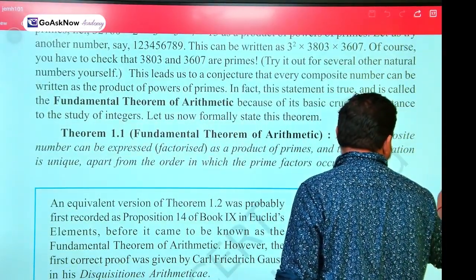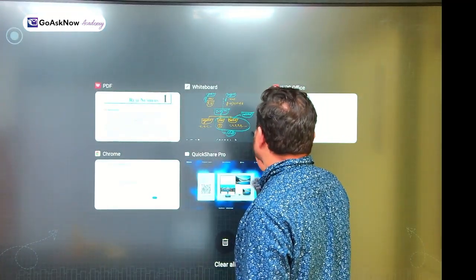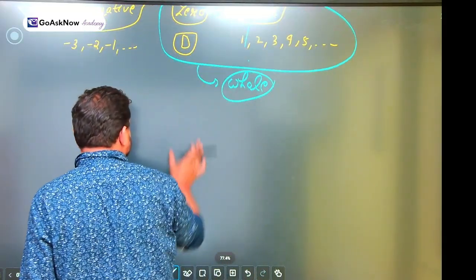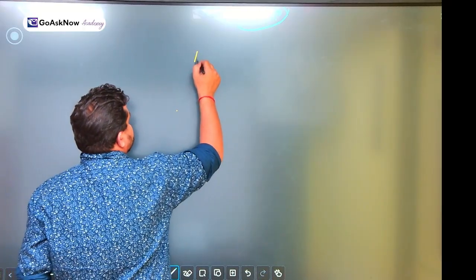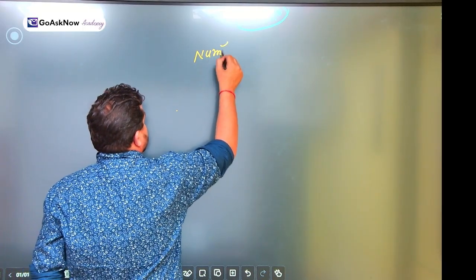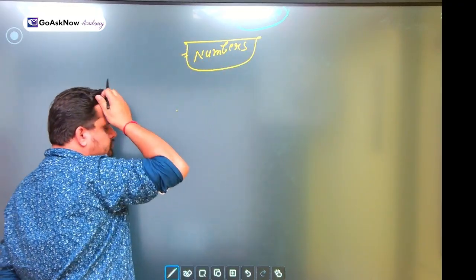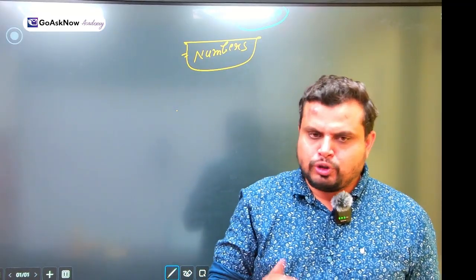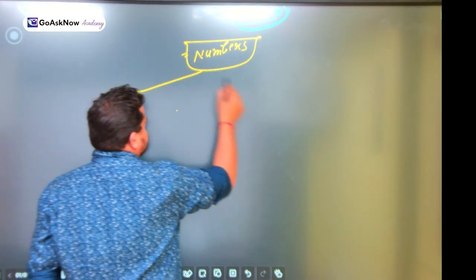If you look at numbers, our positive numbers, the natural numbers, are of two types on the basis of factors.